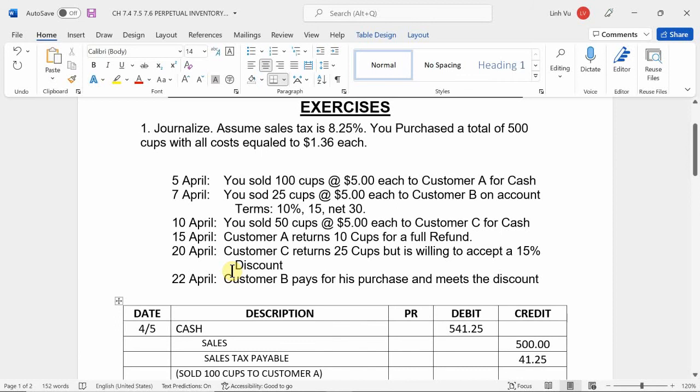What about April 7th? You end up selling 25 cups at $5 each to customer B on an account, and you gave customer B terms of 10/15, net 30.